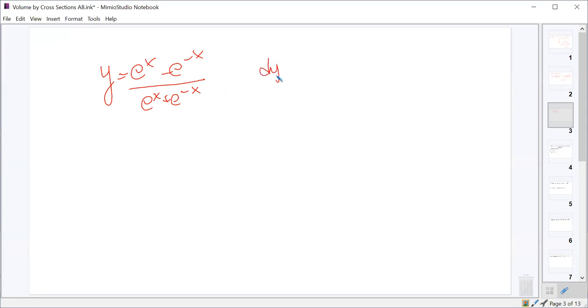So the derivative of this should be the denominator times the derivative of the numerator, and the derivative of negative e to the negative x should be positive e to the negative x. And the derivative of e to the negative x should be negative e to the negative x.